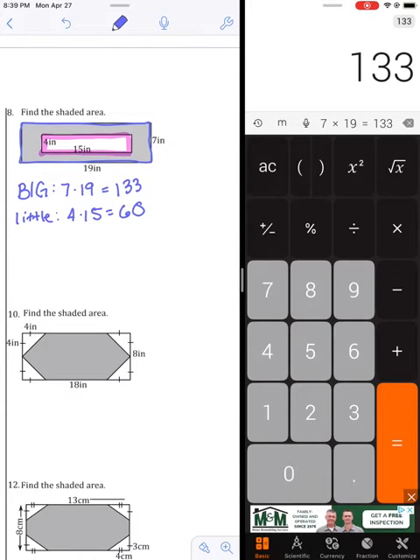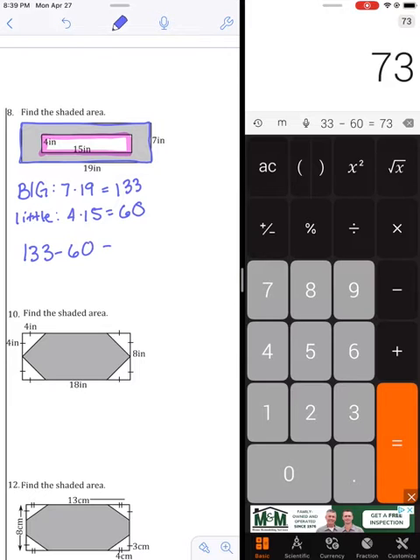Now in past problems, we would add these up, and then we would have the combined area. Can you think about what would make this one different? So this one's different because the shapes are overlapping. I want to find the area of the gray space that's between the blue and the pink. And to do that, I need to subtract.